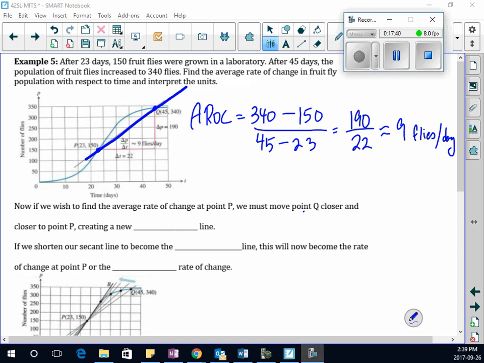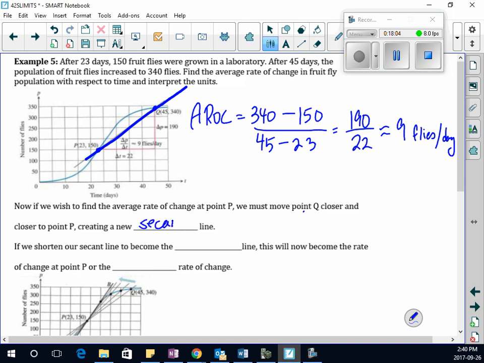Now, if we wish to find the average rate of change at point P, we must move point Q closer. So we're saying if we want to find the instantaneous at P, and we want to find a better average, move this point closer, and then the slope will be a better approximation. That's what they're basically trying to say. So we're going to create a new secant line.